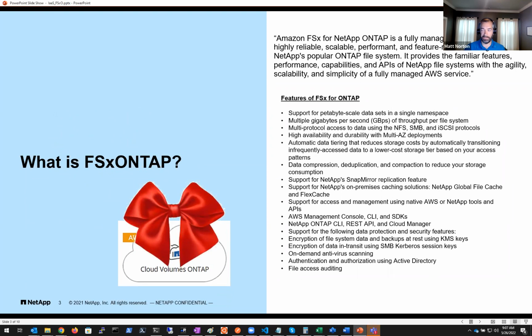And what I mean by that is that NetApp and Amazon AWS engineers have worked together for some time to really make it a full first-party Amazon service. To have the Amazon CLI and API available, as well as ONTAP CLI and API, to make it as easy as possible for people to get up and running and to maintain.